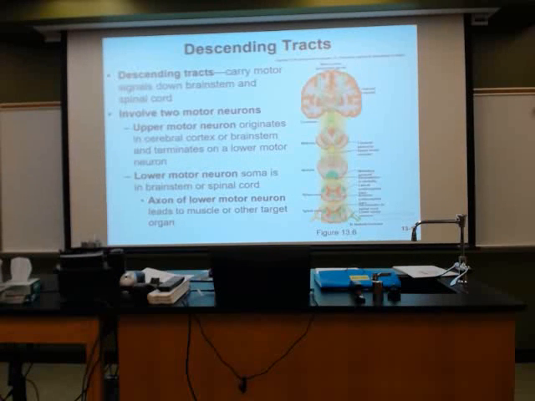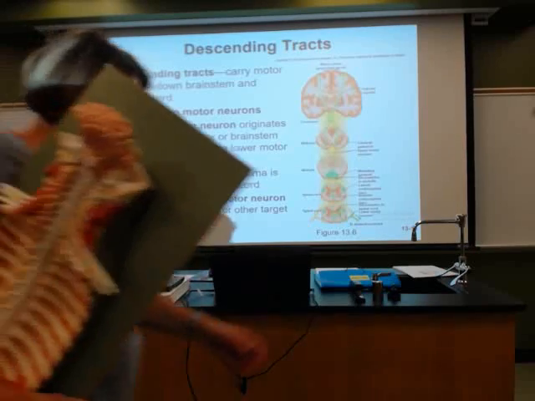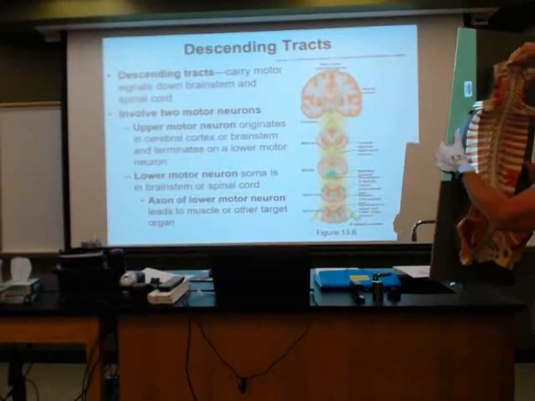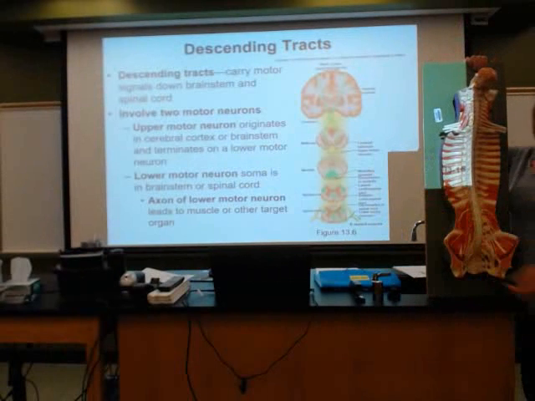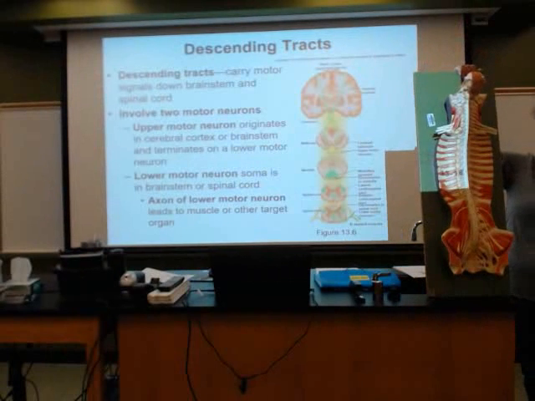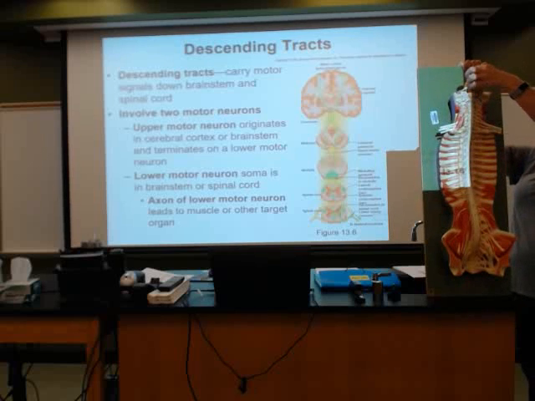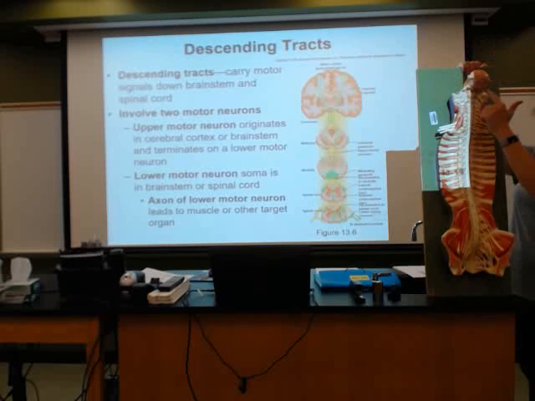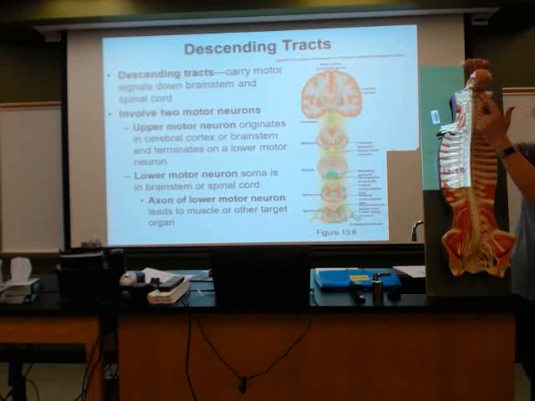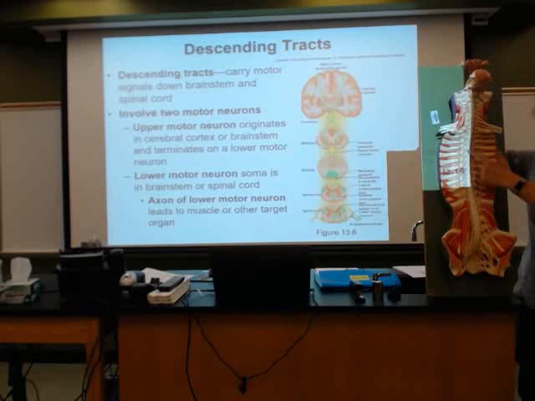So that tells me that if I had sensory information go in, go up, get registered, get a response, and begin to come back down, that upper motor neuron has to terminate either in the brainstem or somewhere in my spinal cord.